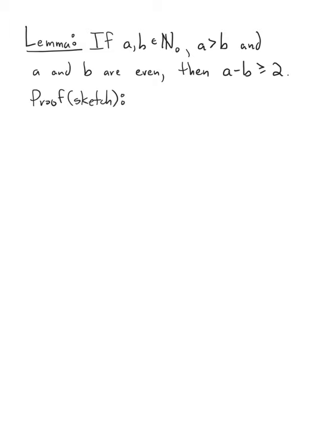Okay, so our sketch is as follows. Since a and b are even, a minus b is even. That's by, remember, theorem 2 from chapter 4.